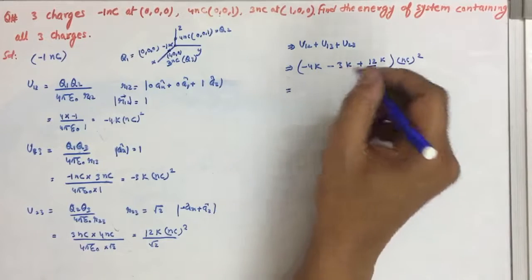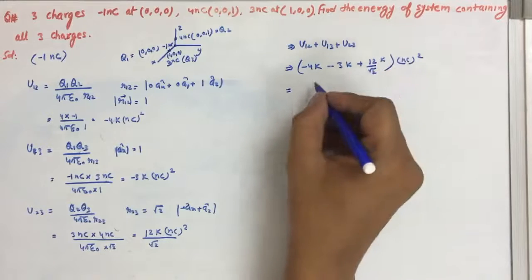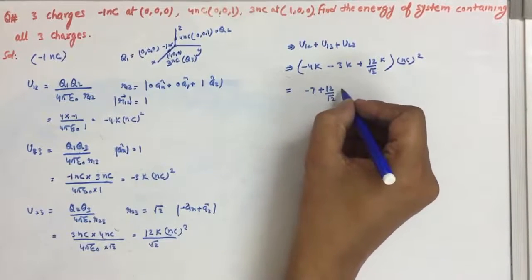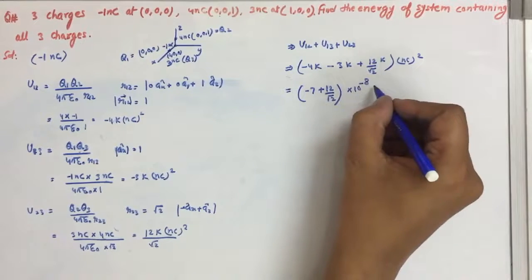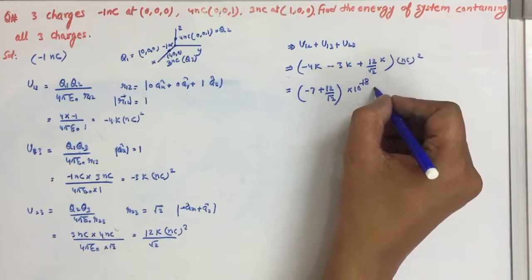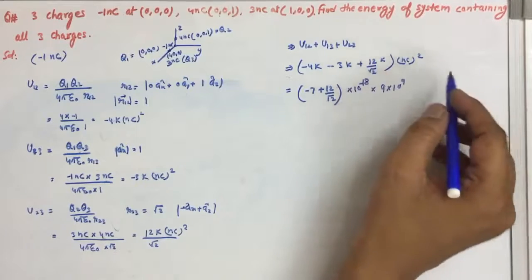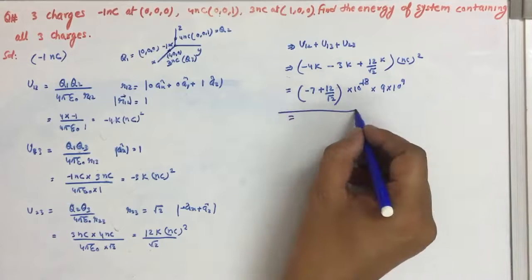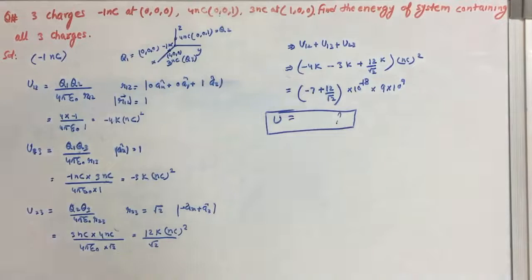So once you solve it, you will find K times (-7 plus 12 by root 2) times 10 to power minus 18, nanocoulomb, 10 to power minus 9, into 9 into 10 to power 9, that is the value of K. 1 by 4 pi epsilon naught is equal to this. Solve this, you will find the final potential energy of the system.